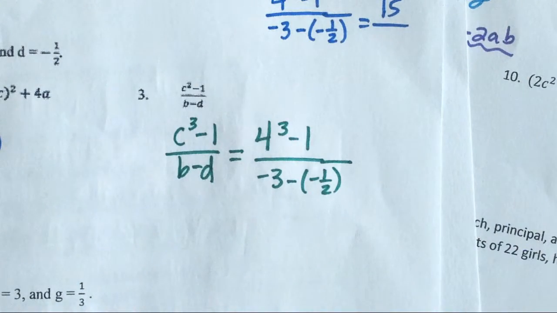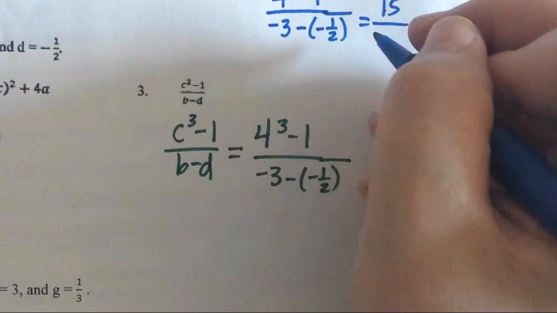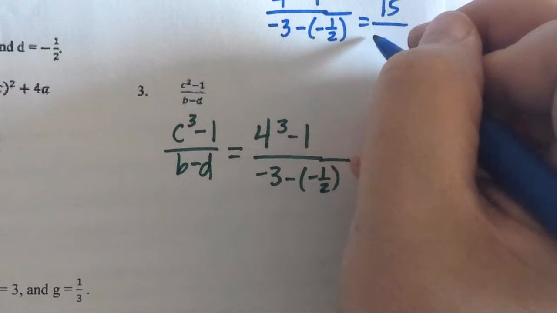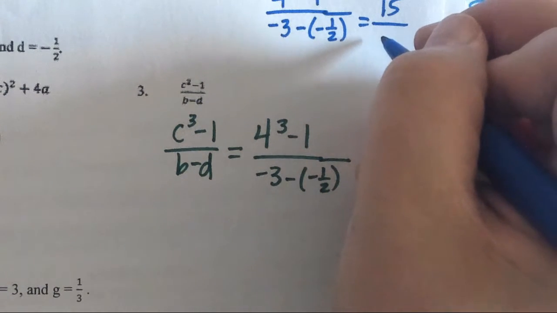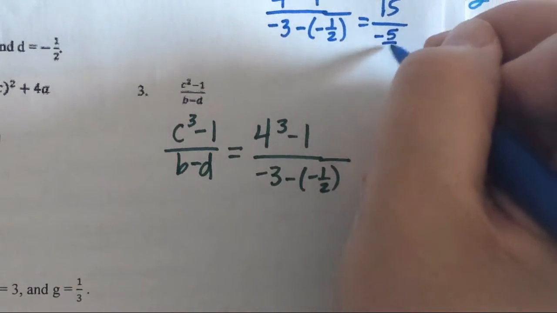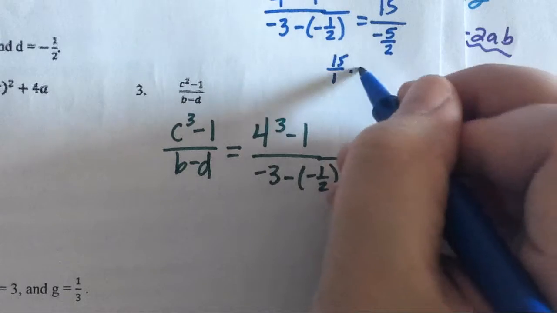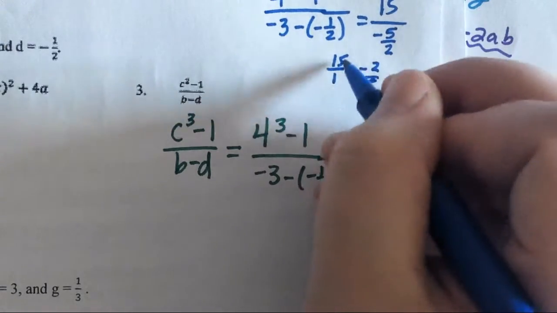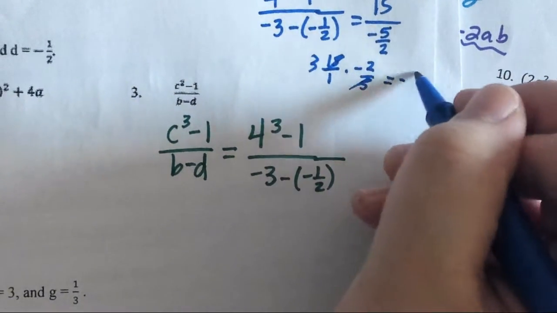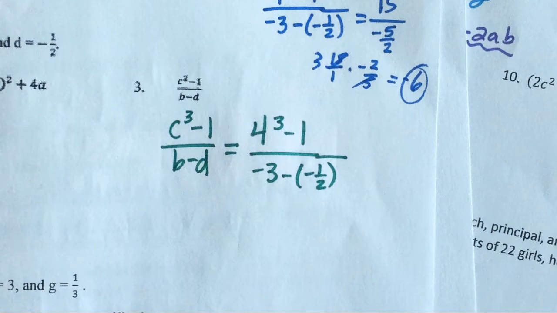You end up doing negative 3 plus a half. So it's negative 2 1/2. So negative 5 over 2. You got negative 6. Negative 6 is correct if you thought it was a 2.